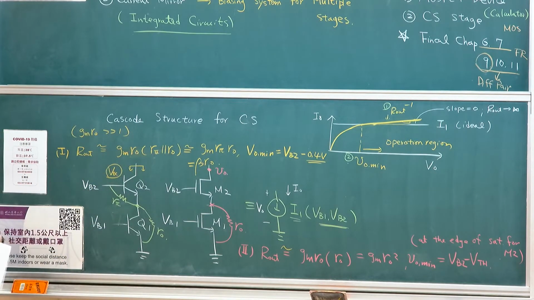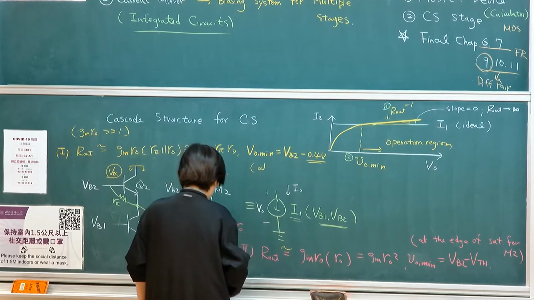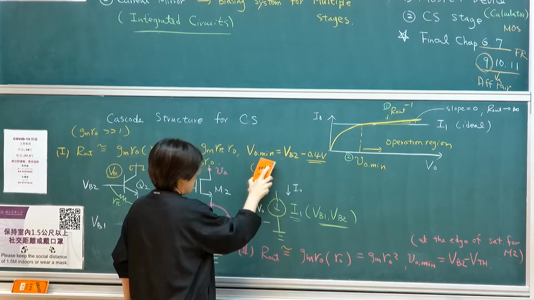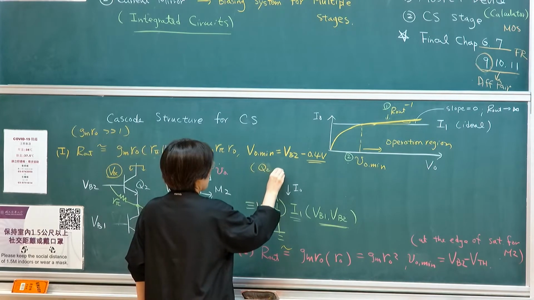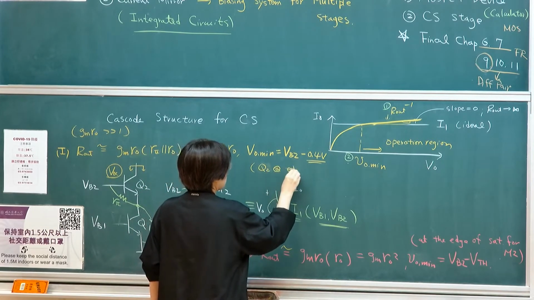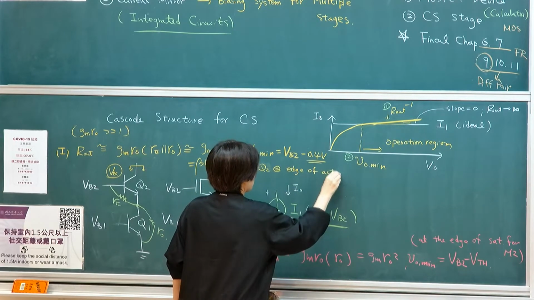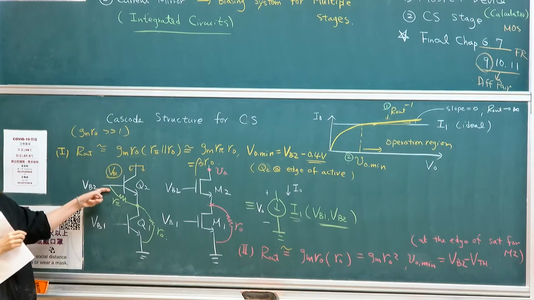VBC needs to be less than 0.4. This is at the edge, limited by Q2, the edge of active. You want Q2 to remain active, so where are the boundaries when this is lower than this?